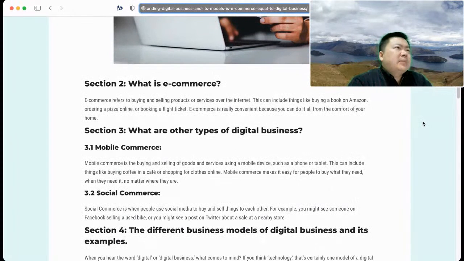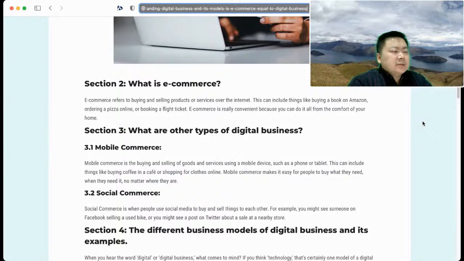The other types of digital business include mobile commerce and social commerce. Mobile commerce is when people use mobile phone apps, such as to book a ride from the university to the supermarket or somewhere.